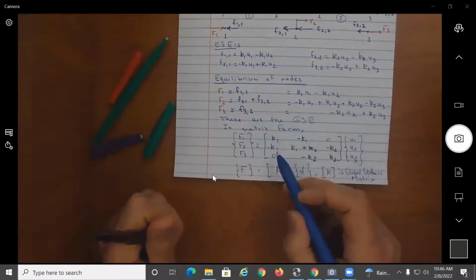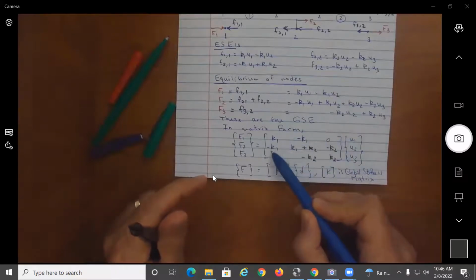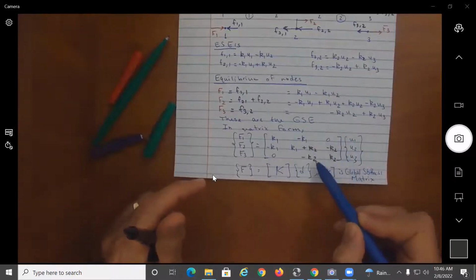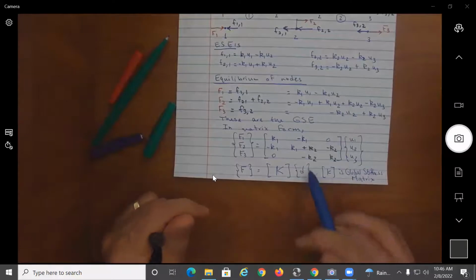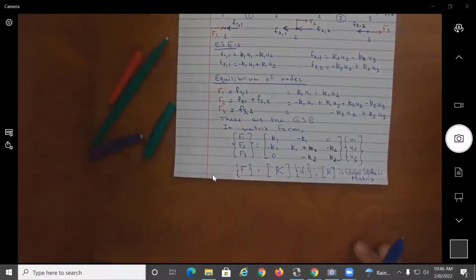The square matrix is symmetric: minus K1, minus K1, 0, 0, minus K2, minus K2. This matrix is singular. Cannot find an inverse.